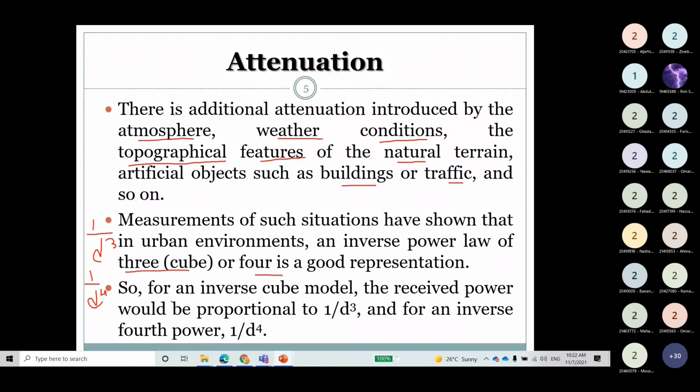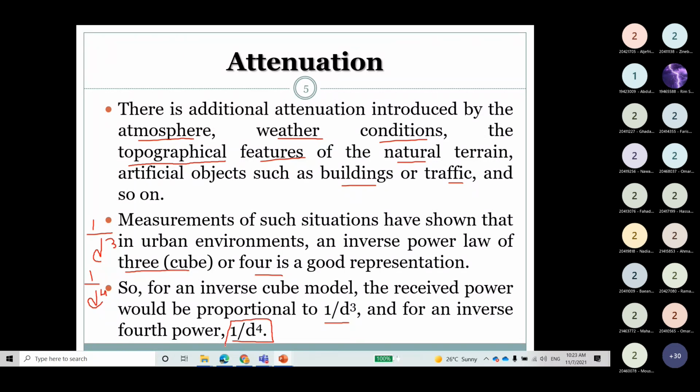So for an inverse cube model, the received power would be proportional to 1 divided by the cube of d, and for an inverse fourth power model, the received power will be proportional to 1 divided by d power 4.